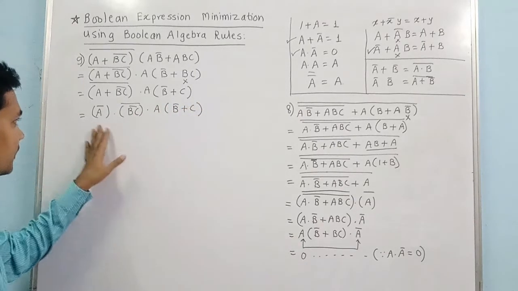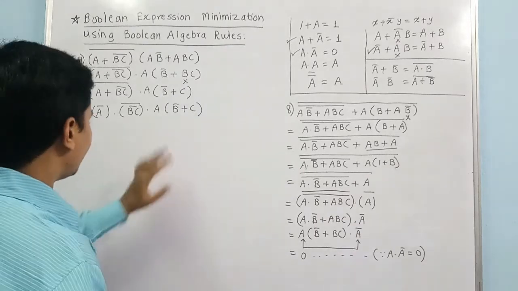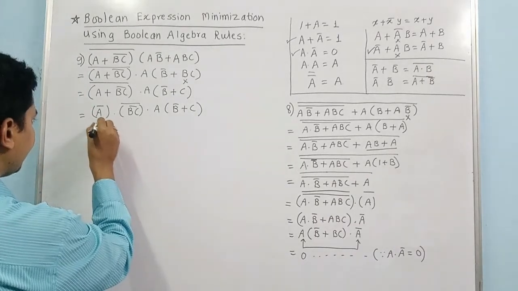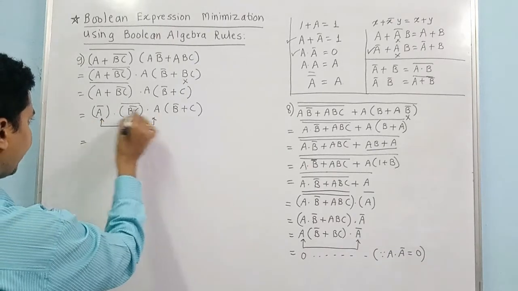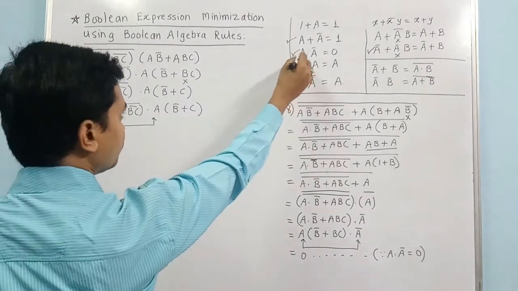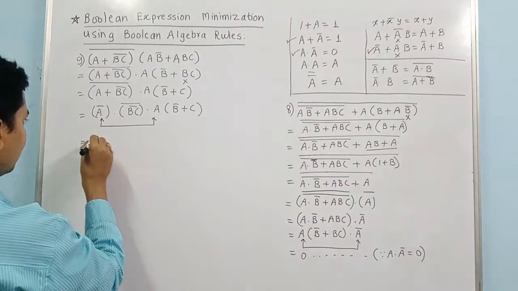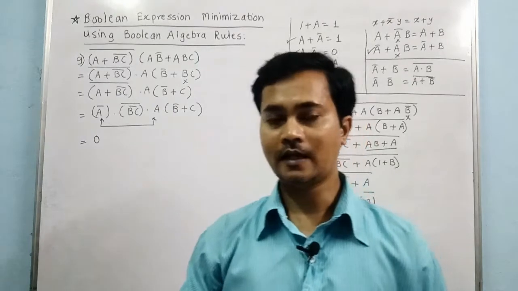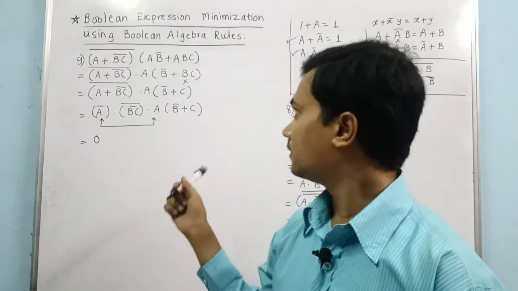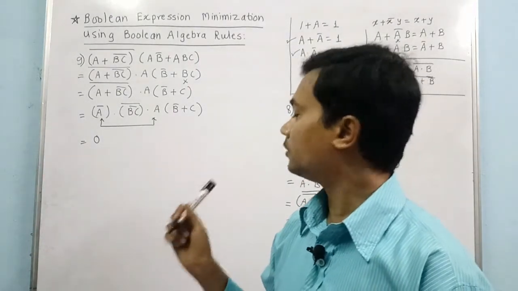Okay, so all the terms are multiplied together. So here from directly seeing this a bar and this a, we can conclude that a into a bar is always 0. Okay, so write here 0. Okay, so this is the last minimized expression of the Boolean expression minimization using Boolean algebra rules.